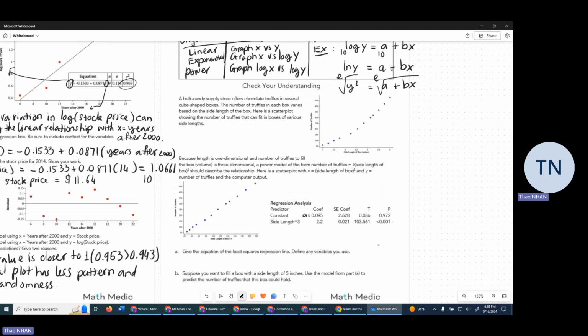And the number down here, the 2.2, is your b, the slope, because your line was in the form y hat equal to a plus bx, where a is the y-intercept and b is the slope.